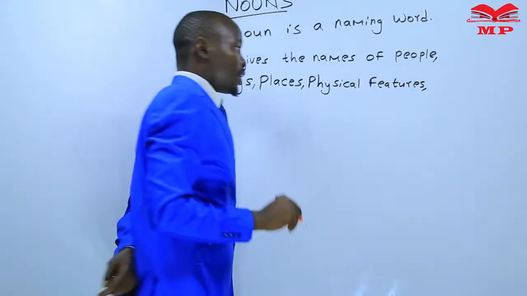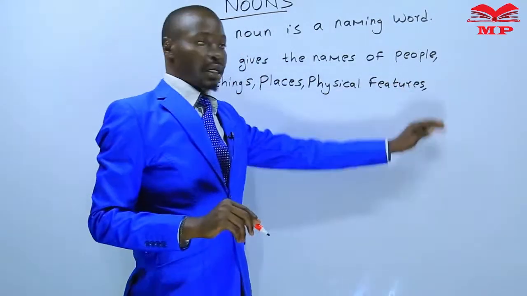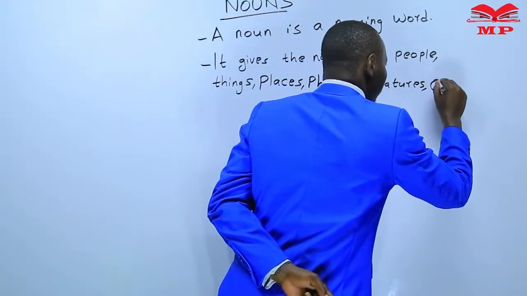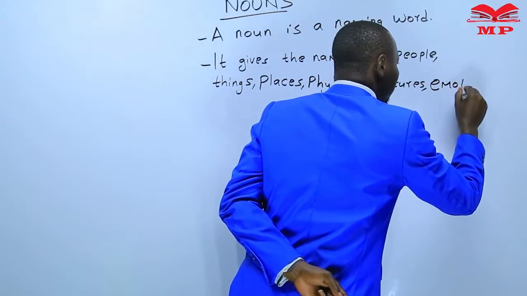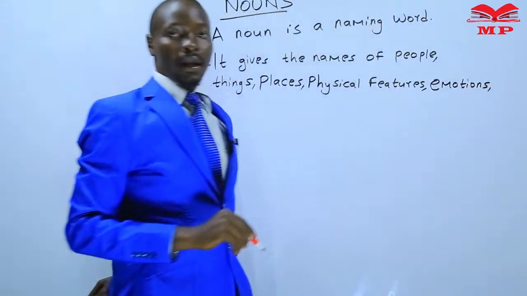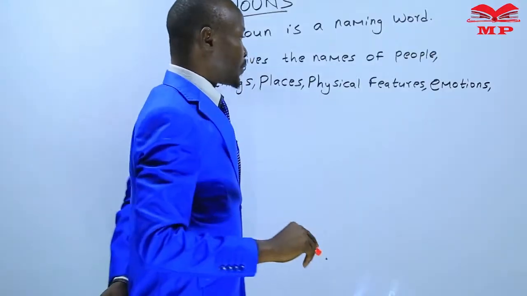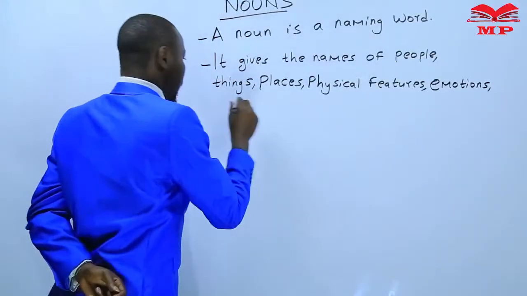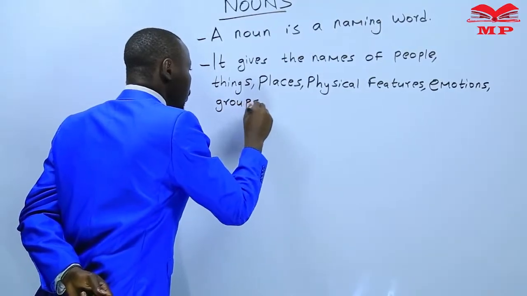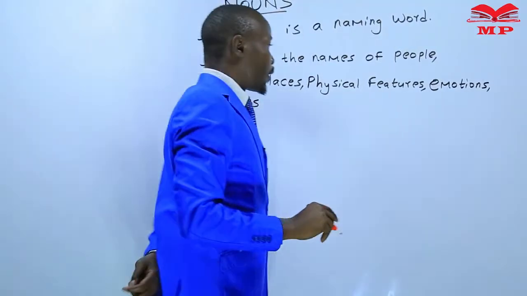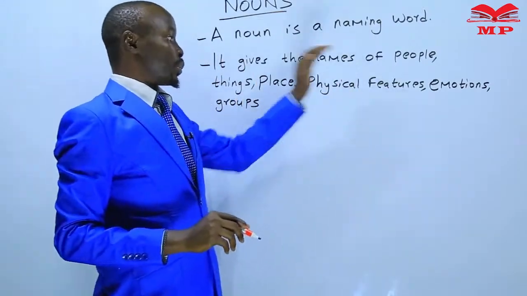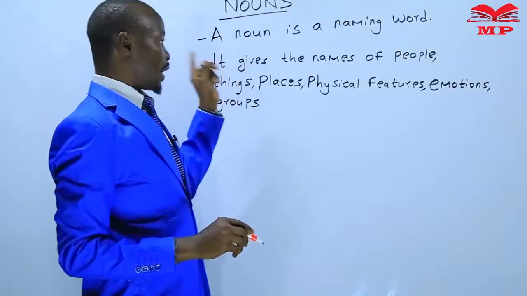And then after the physical features, nouns can also be used to give the names of the emotions or feelings. And then after emotions, we can also talk about the groups. So these are the categories under which we can be able to give the names using the nouns.